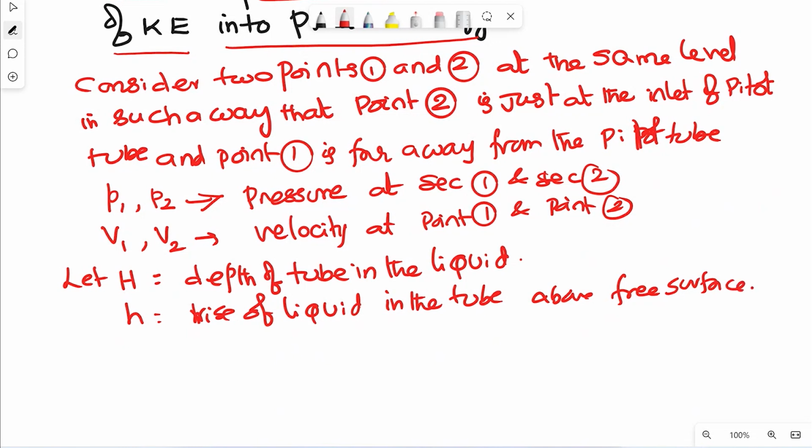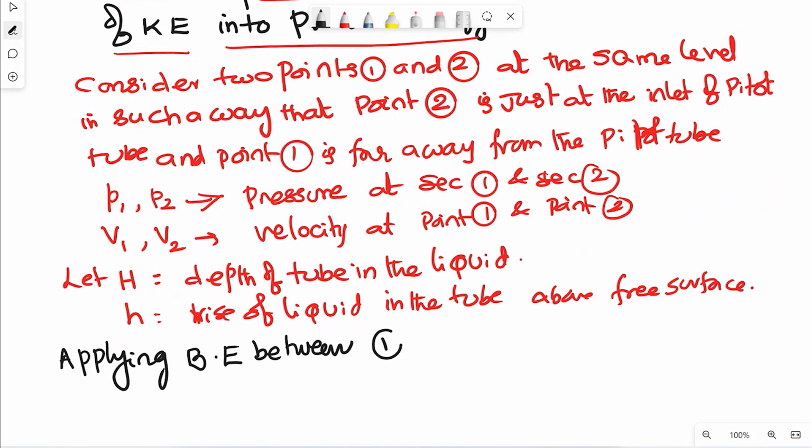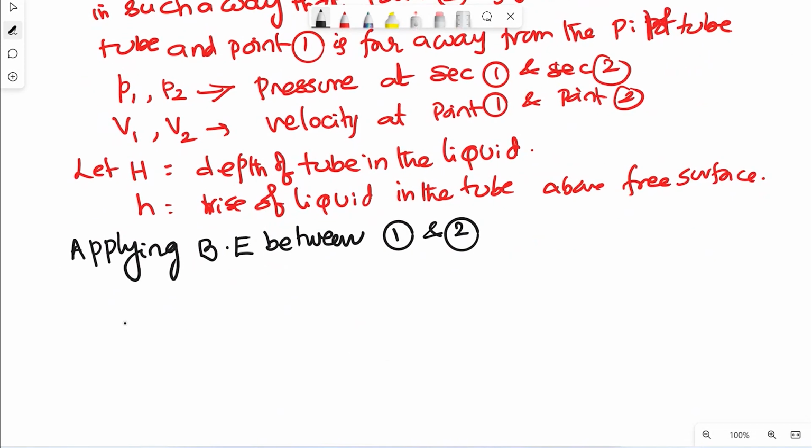So that is next. If that is the case, now apply Bernoulli's equation between point 1 and point 2. At point 1, the pressure head is capital H. The velocity head is v1 squared by 2g, plus the datum.